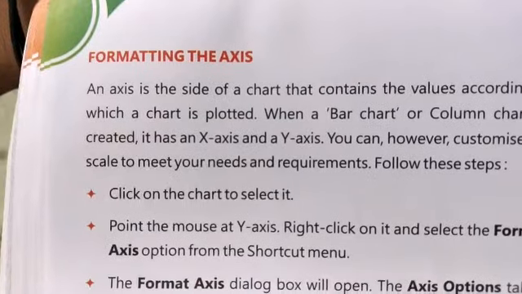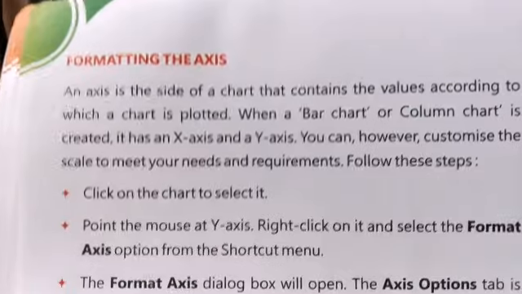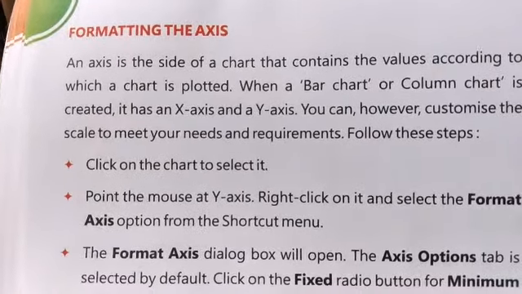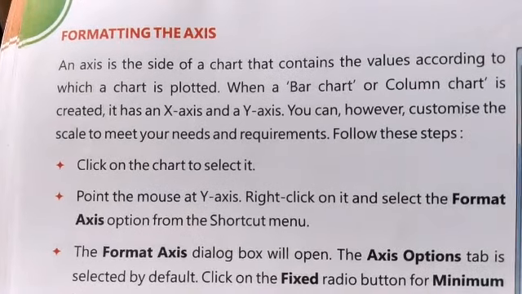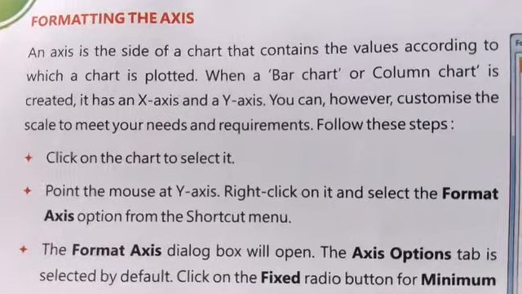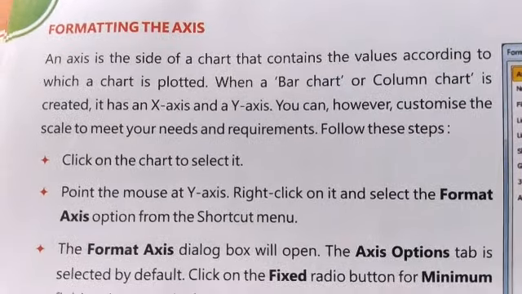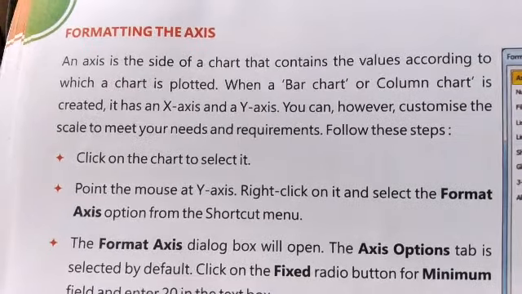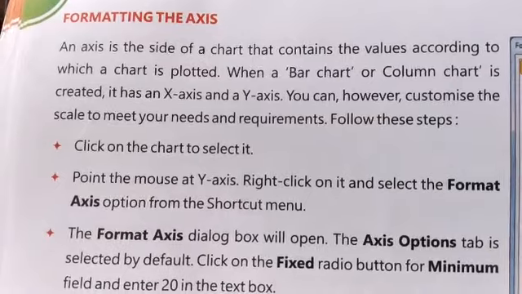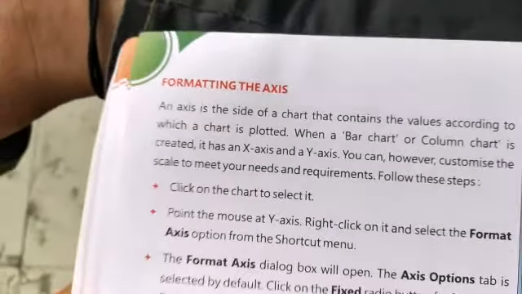So our next topic is formatting the axis. First of all, you should know what an axis is. In the previous classes I have already told you about the different components of the chart, including the x-axis and the y-axis. So two types of axis are there.